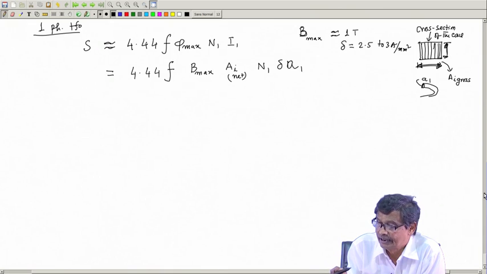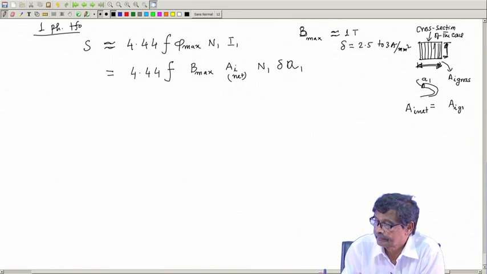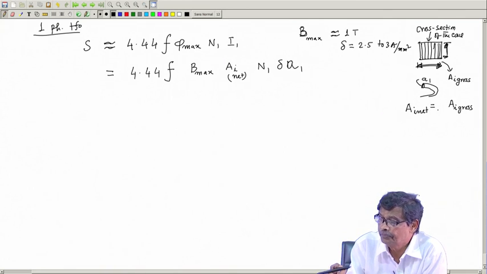So, AI net will be slightly less than this. AI gross means you take a scale, measure this outside dimension of the core, get the area.